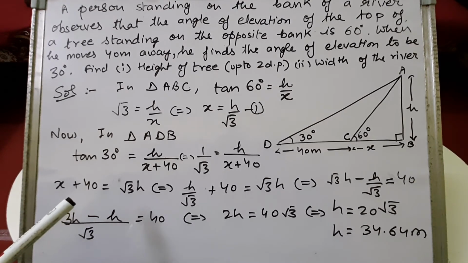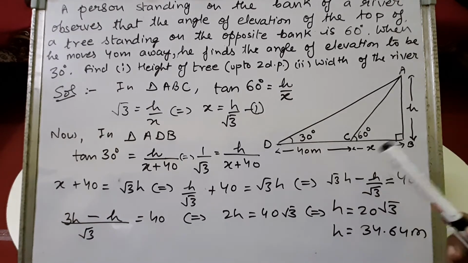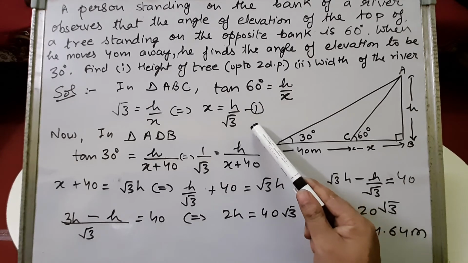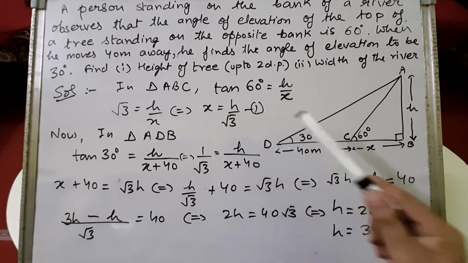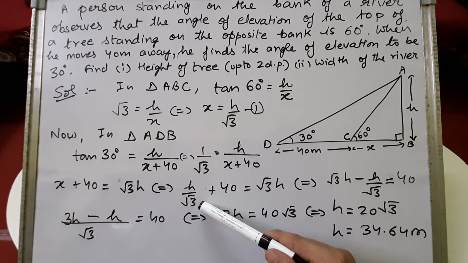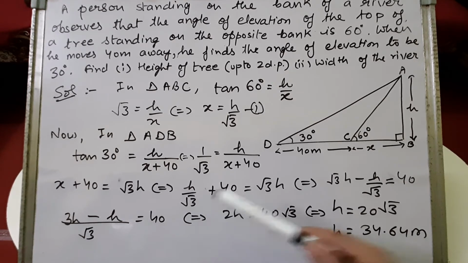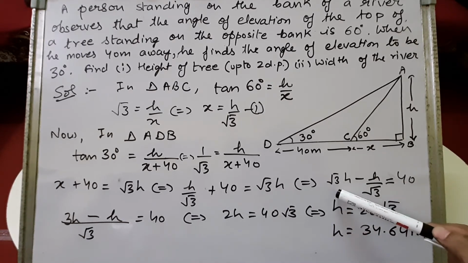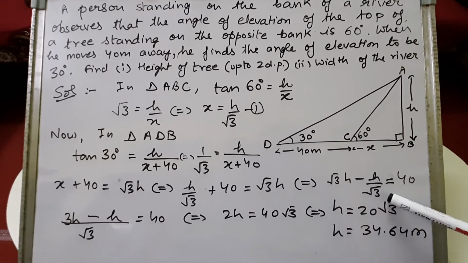Right, children? Now I have substituted the value of x as h upon root 3, which we calculated earlier, in place of x, and then transferred h to one side. It will become h root 3 minus h upon root 3 equals 40.